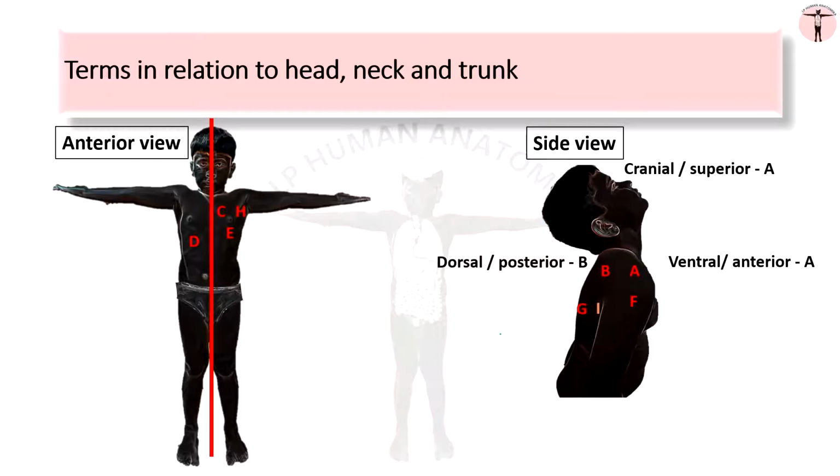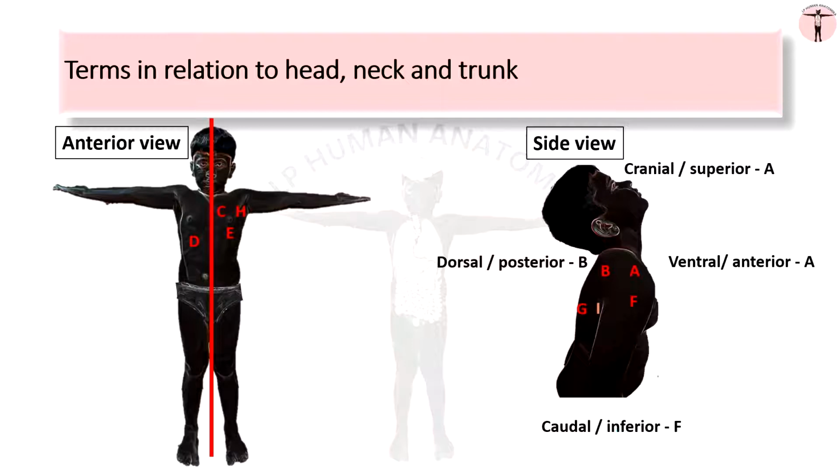Now cranial or superior is close to the head, and caudal or inferior is close to the lower end of the trunk or towards the feet.